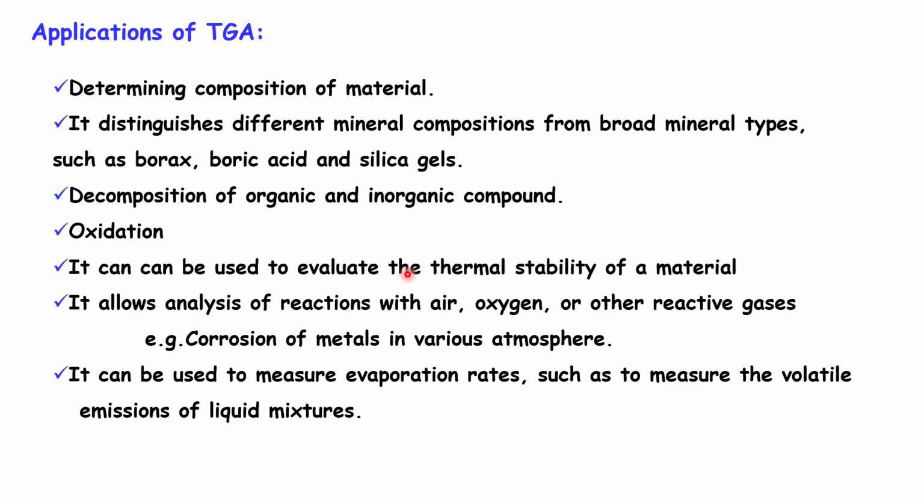It can be used to evaluate the thermal stability of materials. It allows the analysis of reactions of materials with air, oxygen and other reactive gases, such as the corrosion of metals in various atmospheres. It can be used to measure evaporation rates, such as to measure the volatile emissions of liquid mixtures.